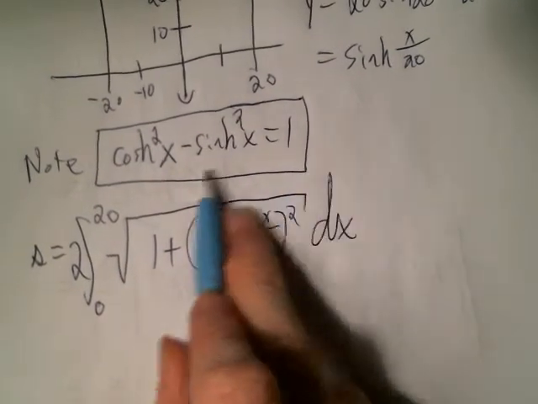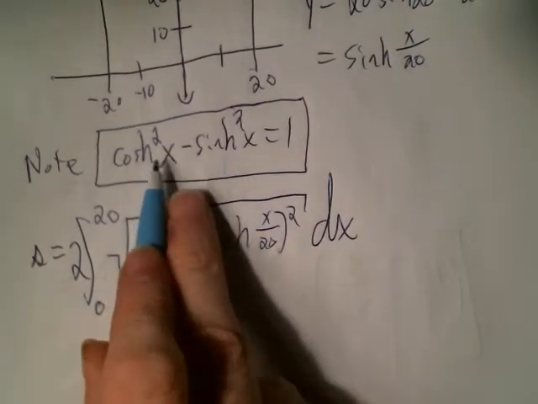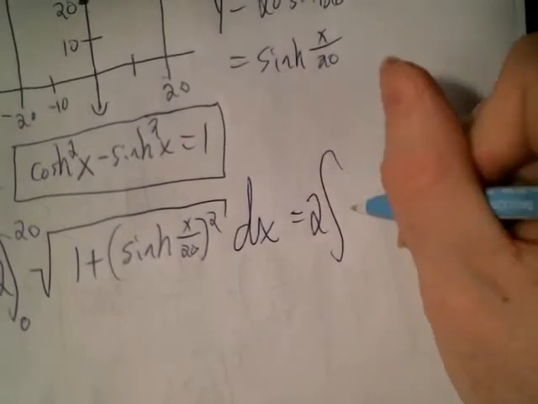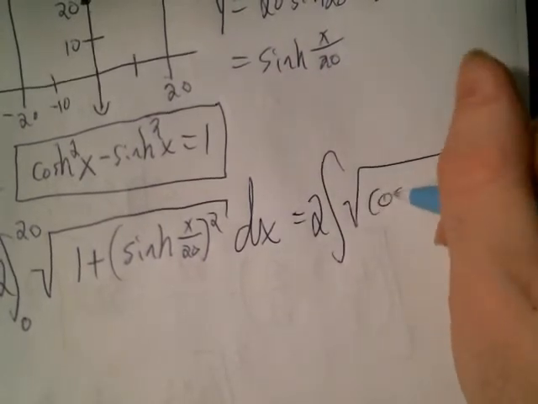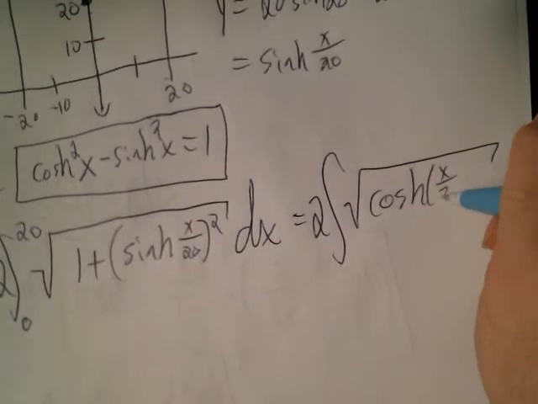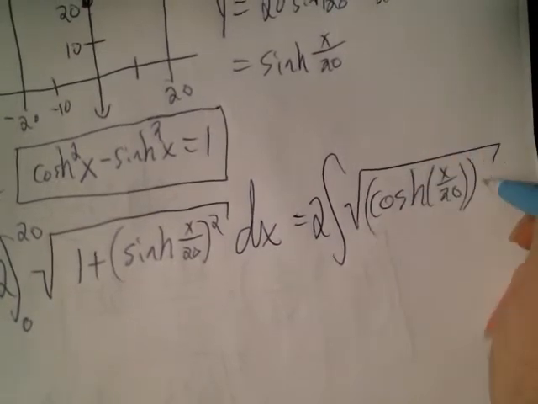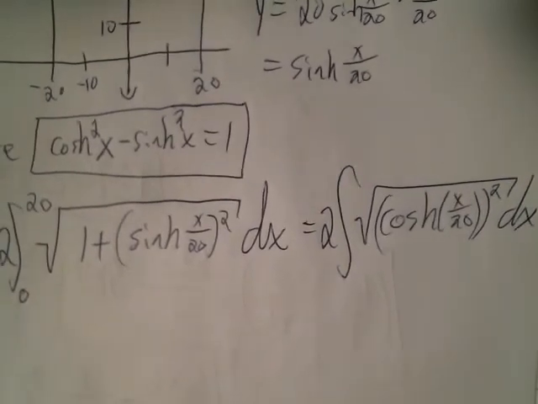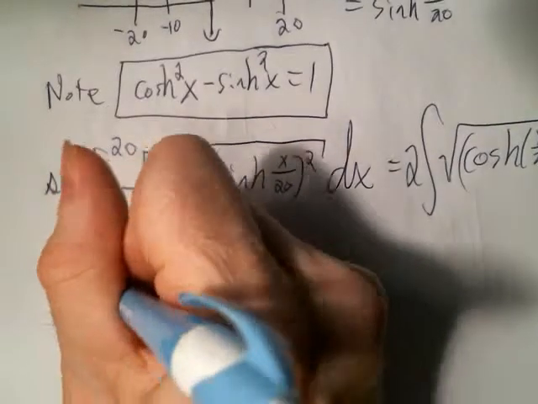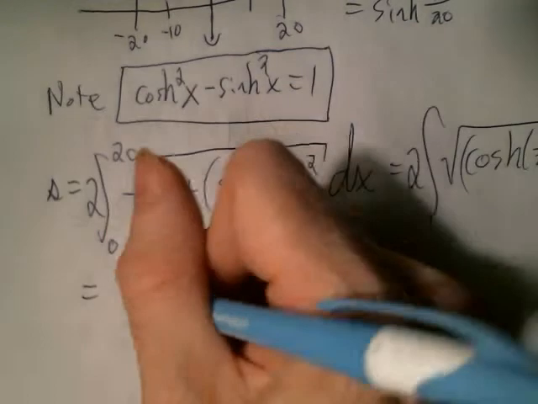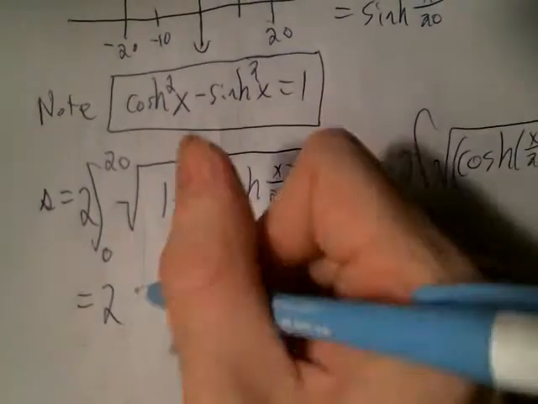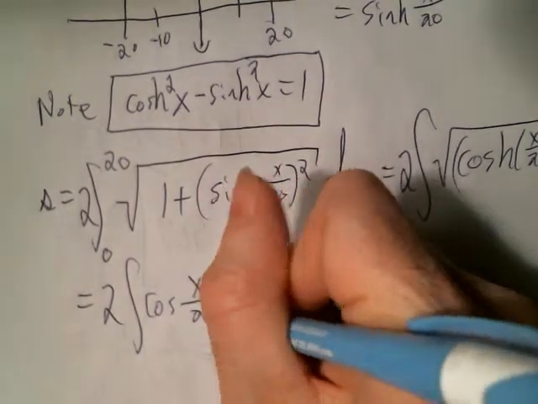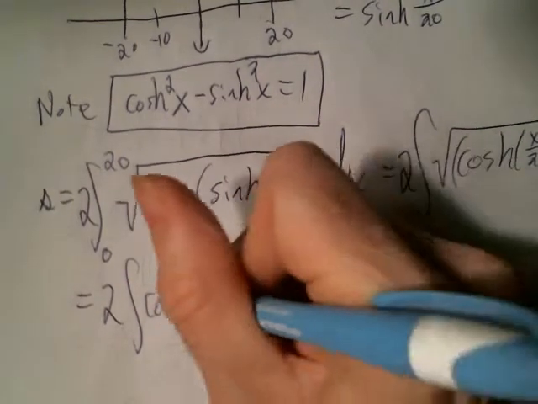If I just add 1 to sinh squared, this thing equals cosh squared. Right? So this will be 2 integral square root of cosh of x over 20 squared, and then I can get rid of the square root. So that square root is always a troublemaker in integrals, and we'll go about looking for ways of getting rid of the square root. Anyways, we have 2 times the integral now of just plain old cosh of x over 20 dx.